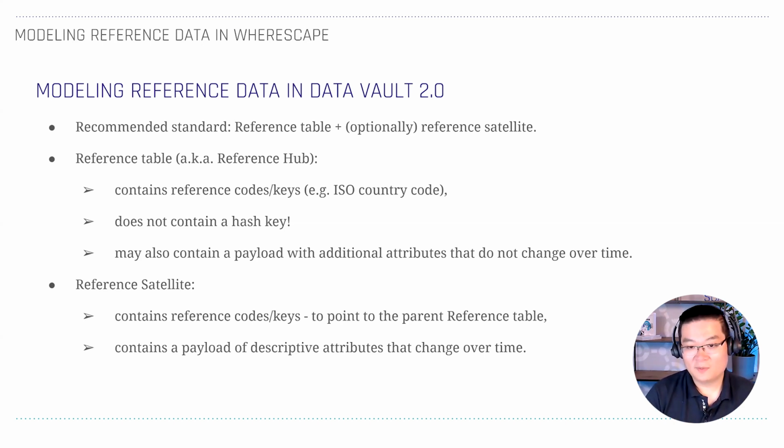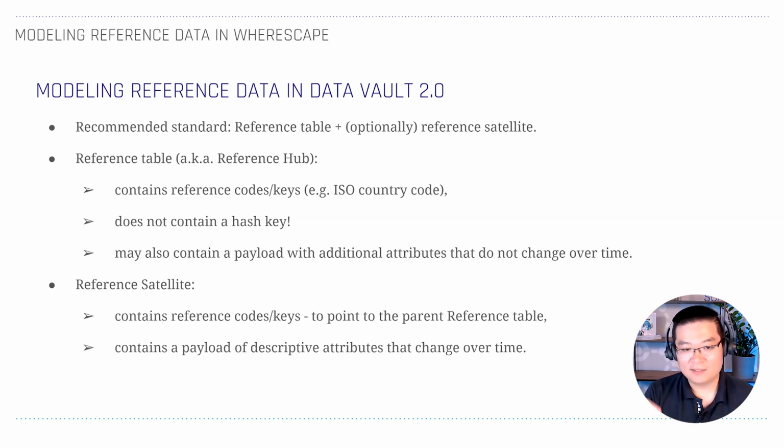So why the hassle, right? What we could do is just open up the design of these reference objects so that they can pick up changes over time regardless. That is the preferred, or the more modern, approach to model reference objects: with a reference table or so-called reference hub, however you want to call it.